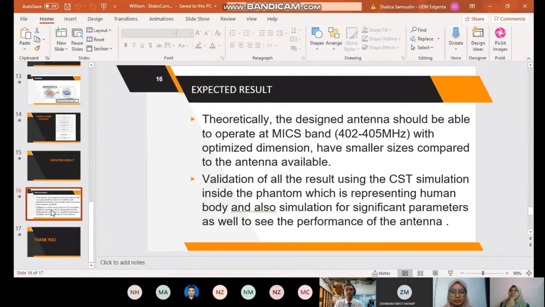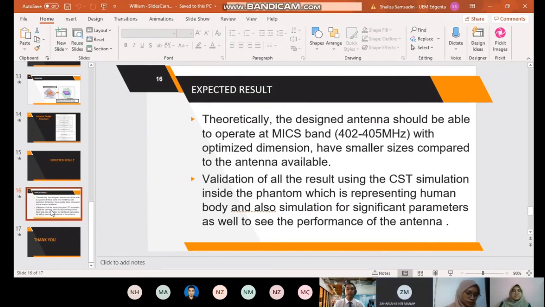I will use for Rogers something like 2.2. You mean you're going to use 4 types of Rogers material? No, I will use FR4 and Rogers, only two different materials.